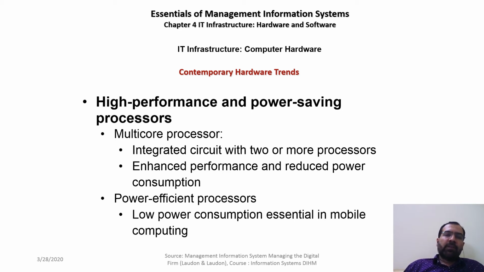Power efficient processor, low power consumption is essential in mobile computing, because if you consume more power, it is difficult for us to have computations using our smartphone applications. So we need processors which consume less power.